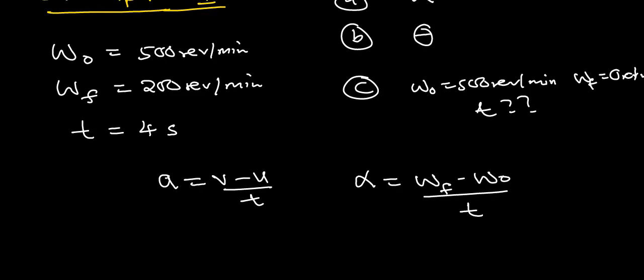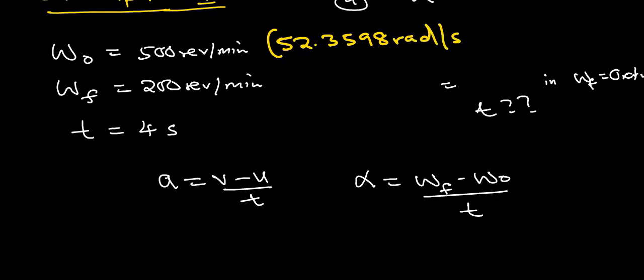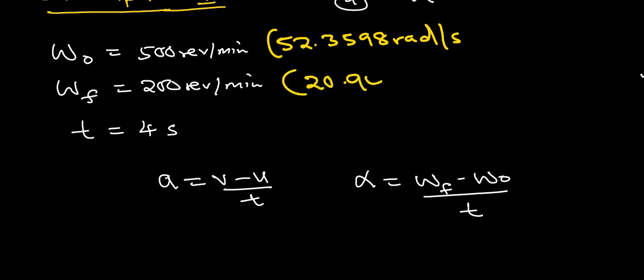Okay, so this one here is 52.398 radians per second. Then the 200 is 20.94 radians per second.